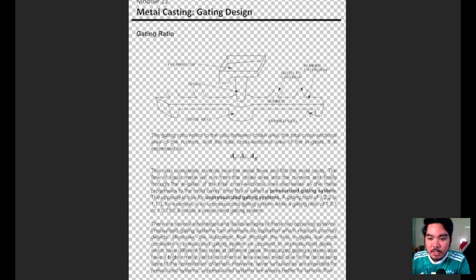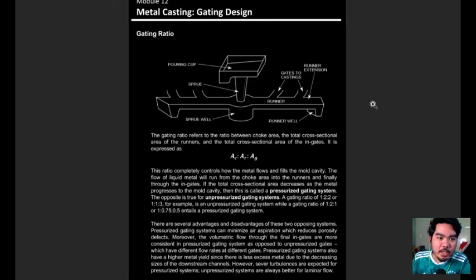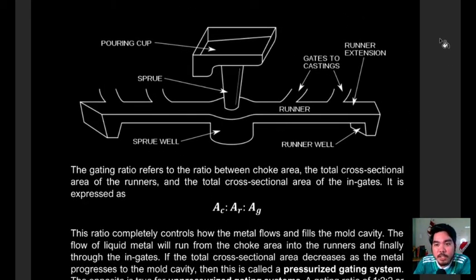Okay. So after that, we have your gating ratios, no? So I mentioned this earlier, yung gating ratio. So again, the gating ratio is just the area ng choke to the area of the runner, and again this is total area, no?